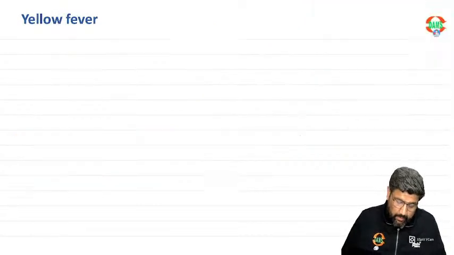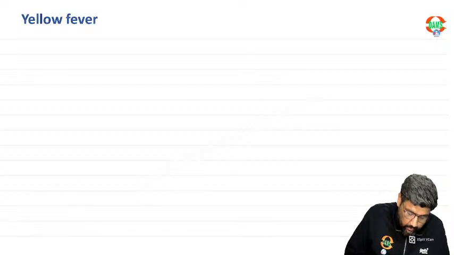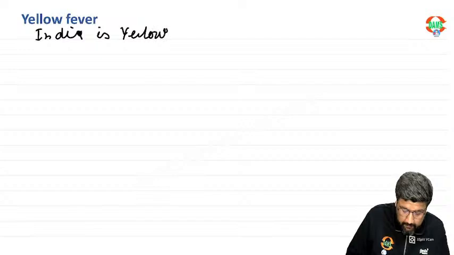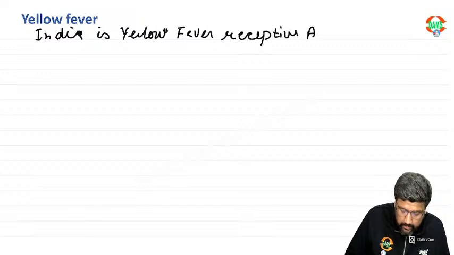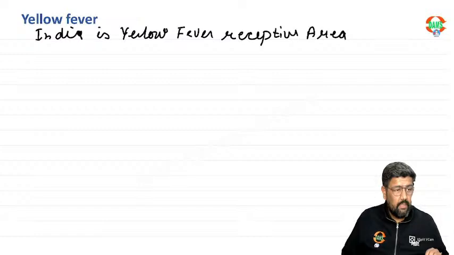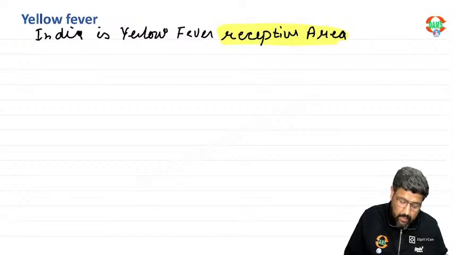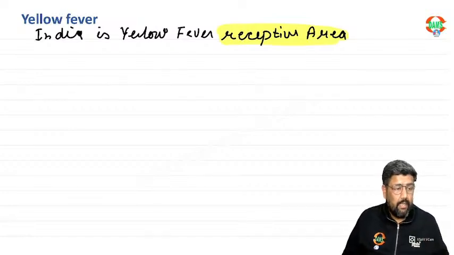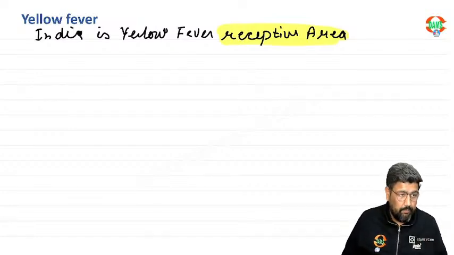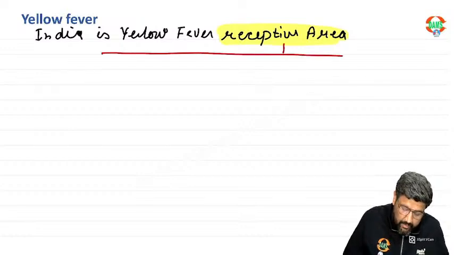I want to tell you one thing: India is a yellow fever receptive country. Yellow fever receptive area means we do not have yellow fever in our country, but if somehow it is introduced, then our country has the potential for it to be a big problem for us. Why is this a receptive area?